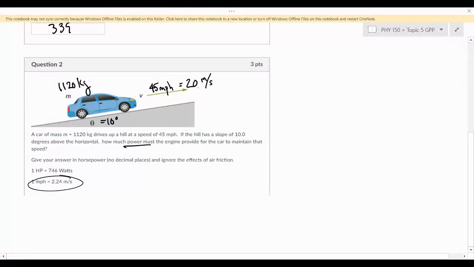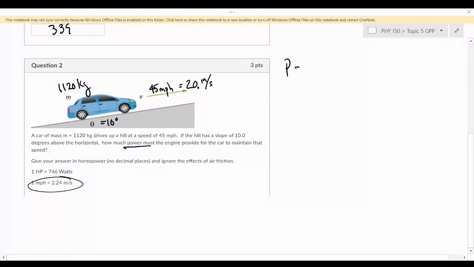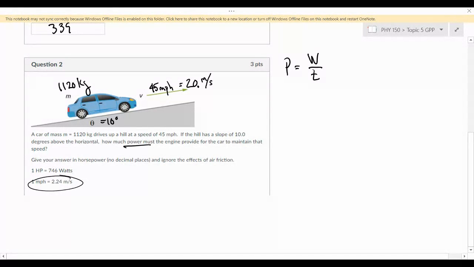It's 20.1, so we'll just go with 20. Now, if we use our formula, power equals work divided by time, the problem is we have a velocity of 20 meters per second, and there's no velocity in that formula. Not showing, but there really is.